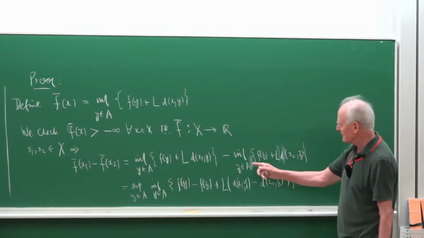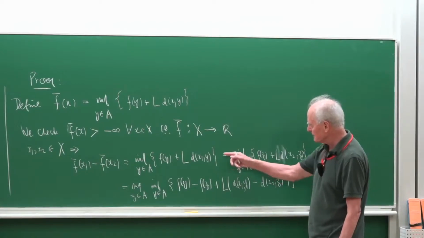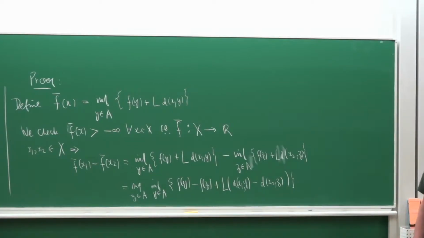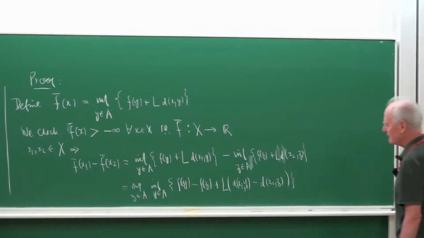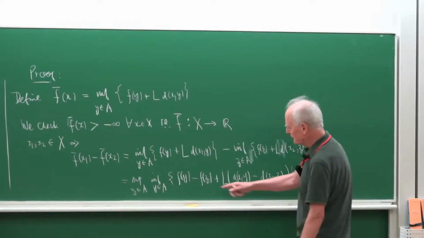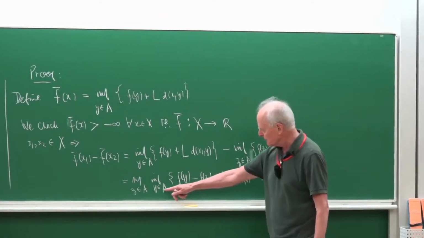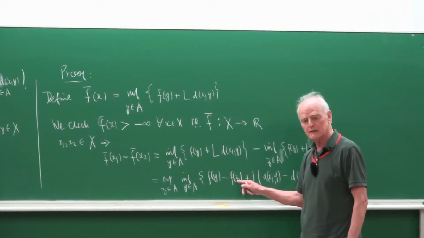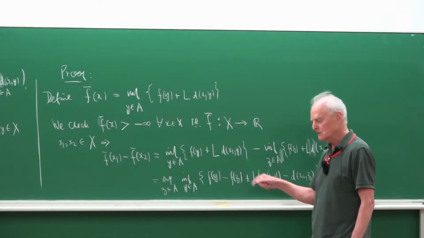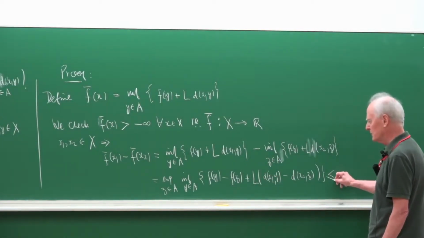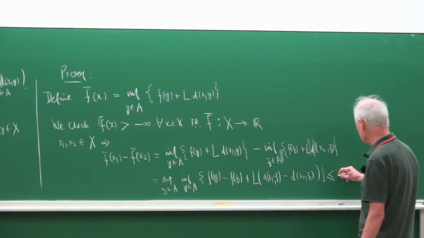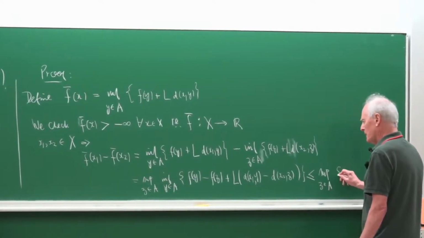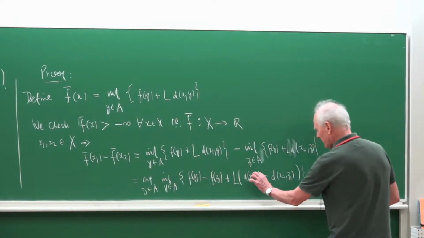See, that's correct, isn't it? Because the minus the inf is the same as the sup of minus, right? So it's the same thing, just a change of notation. But then that's good because the inf is always less than or equal to any value of y that you like to put in here, right? So you can take, for instance, y equals z to get those two to cancel out. So this is then less than or equal to the sup over z in A of, and these two cancel out as I said, and now we've got y equals z.